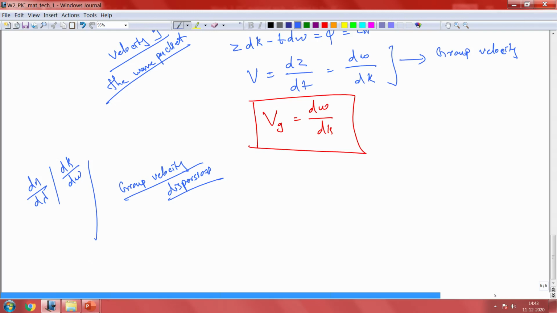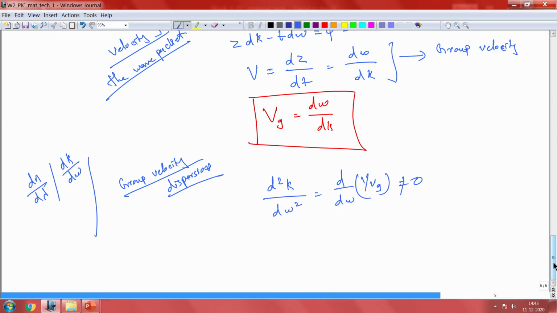Here again we have the same issue. Your refractive index or your propagation constant in the dielectric medium is going to respond this way, and this is not equal to 0, and this is the reason why we have dispersion. This is what we call group velocity dispersion, and it is represented by a dimensionless coefficient.